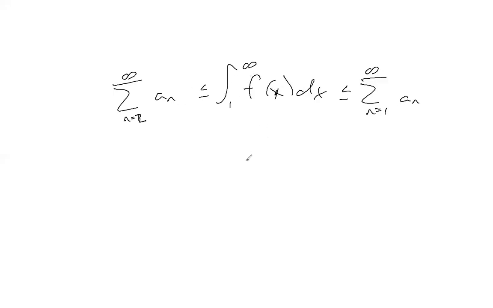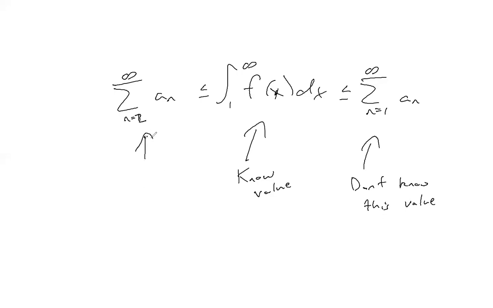Even if I can figure out what this value is, that doesn't necessarily tell me what the sum of the series is. We still don't know either of these. So even if we can find the value of this integral, we don't know what this value is.